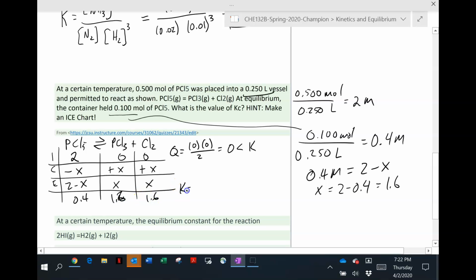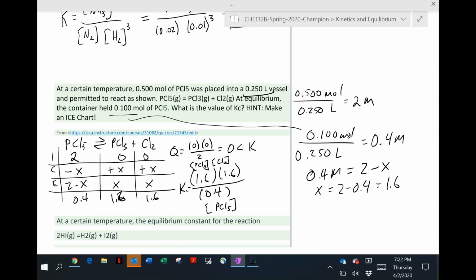So K is going to be 1.6 times 1.6 over 0.4, and again what we got there is the concentration of PCl3 times the concentration of Cl2 over the concentration of PCl5. Nothing has to get raised to any power.